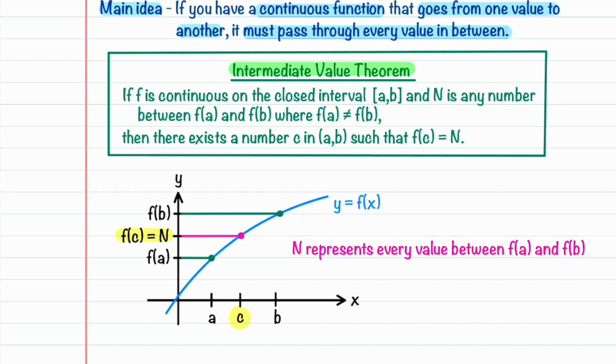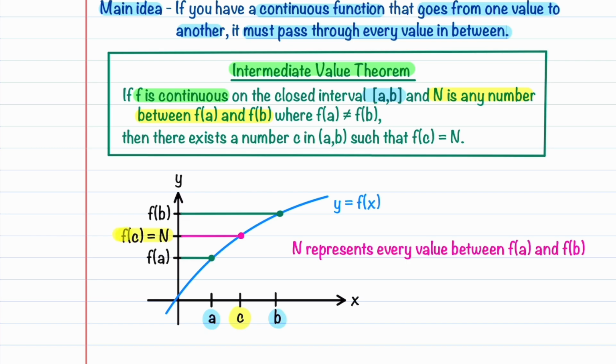Our intermediate value theorem has a condition, and that condition is that our function is continuous. In other words, our theorem only applies to continuous functions. If our function is continuous on the closed interval from a to b, looking down here at our graph, we are going from x equal to a to x equal to b, and n is any number between f of a and f of b.